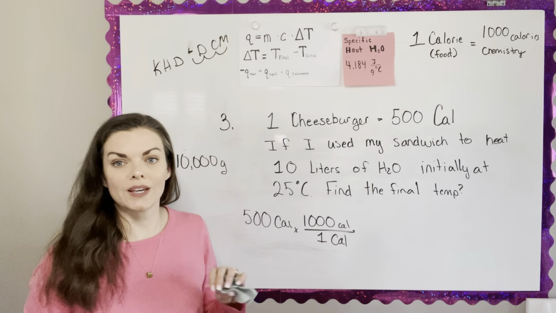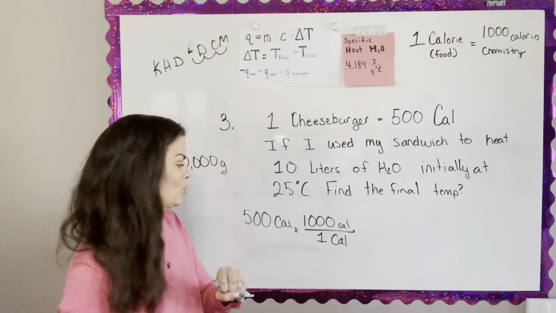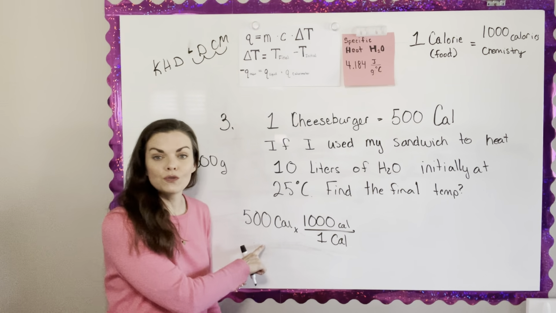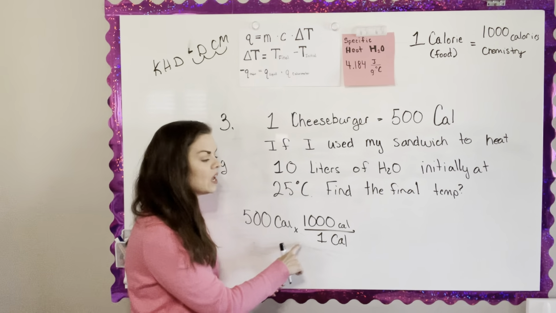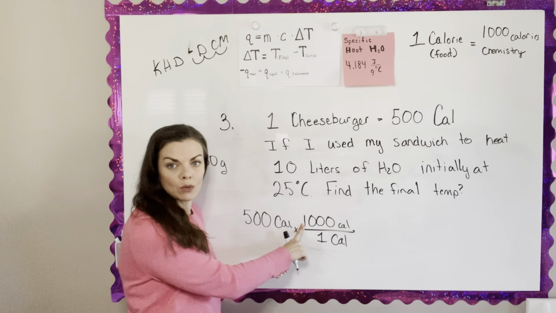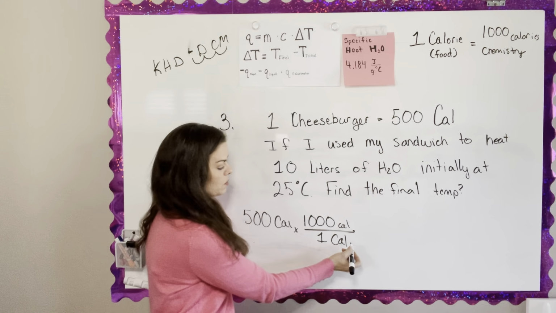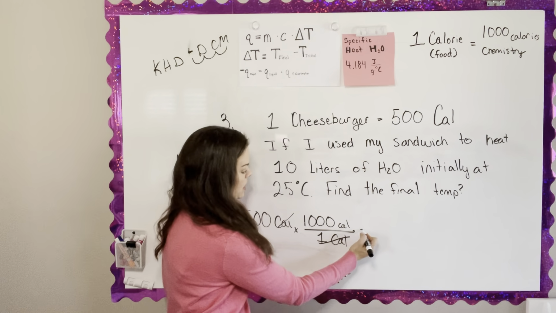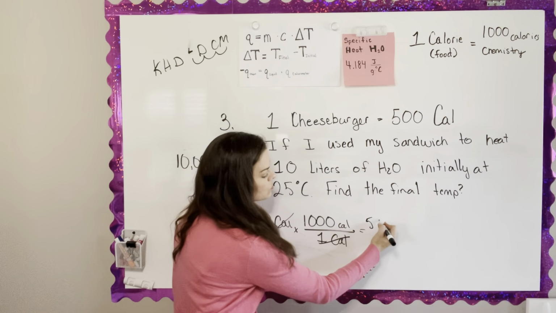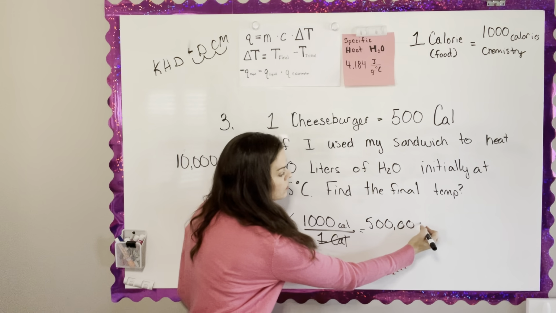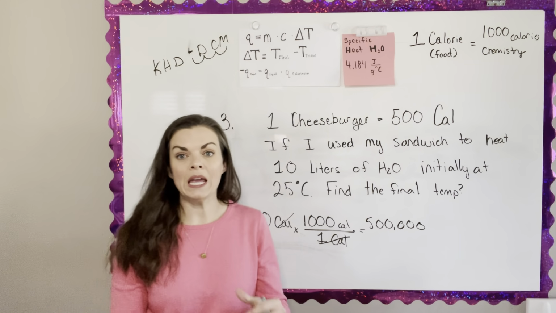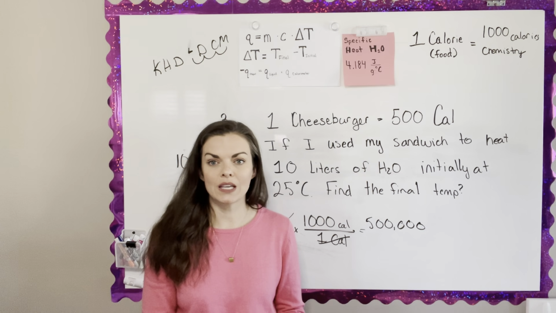This is a little tricky because those C's look the same if they're big or little, but 500 food calories with a capital C is equal to 1,000 chemistry calories. And so I'm going to put the 1 capital C calorie at the bottom, so that cancels out. And I have 500,000 chemistry calories. So I have my hamburger with 500,000 chemistry calories.